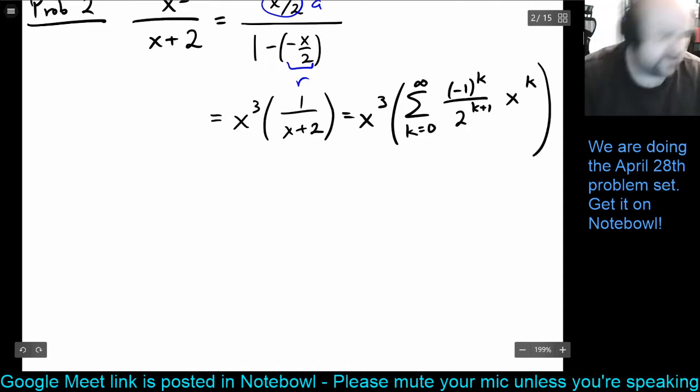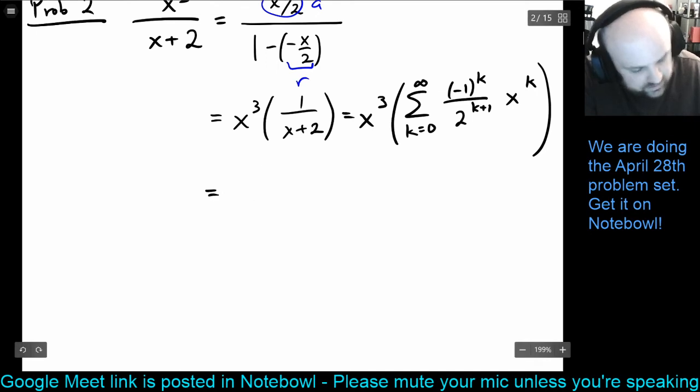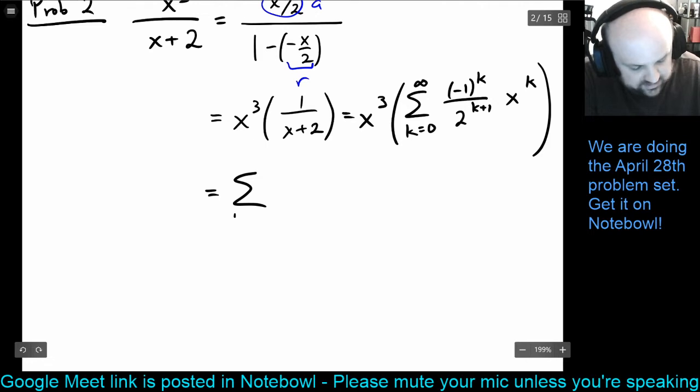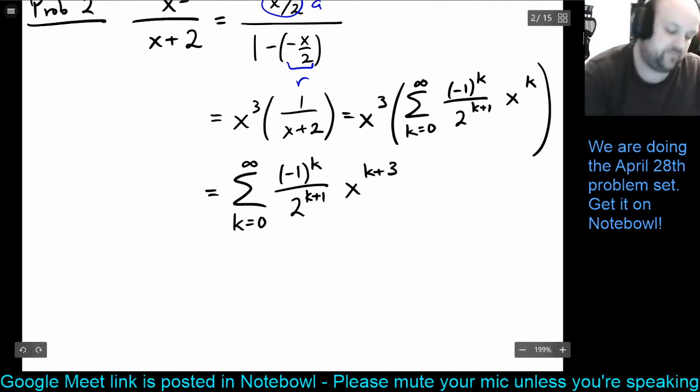So it's this, which we can take this x cubed and multiply it to the inside here because it doesn't have a k in it. Well, it can't have a k in it, right? Because it's outside the series. And we'd end up with this. And there you go.